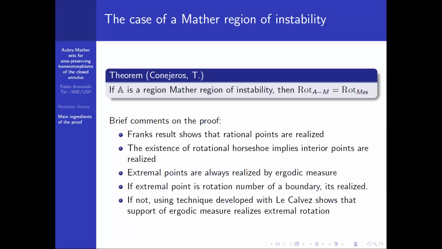It's not that Birkhoff regions of instability are Mather regions of instability, but they are close enough from the point of view of rotation. Meaning that if you have a rotation set for one, you find a Birkhoff region with the same rotation set, and you can work just on that. You can find a sufficiently good simile to work with.